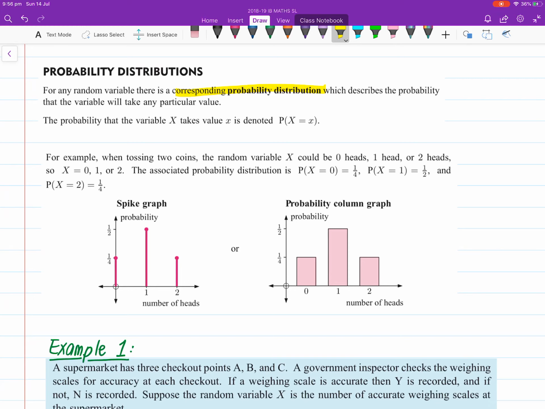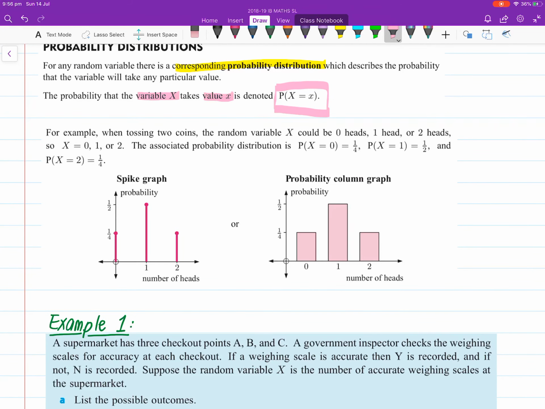So this is the notation here. So if we're talking about a variable x, the probability that that is going to happen for this particular value, little x, we call it this. You write capital P bracket capital X equals little x bracket. Okay, this will make more sense if we actually go through an example.